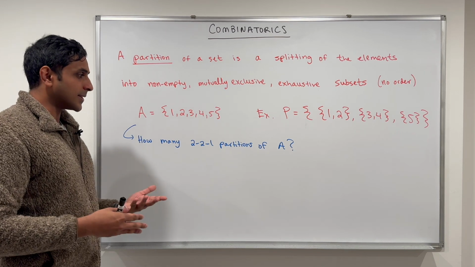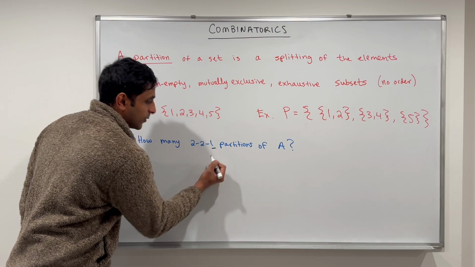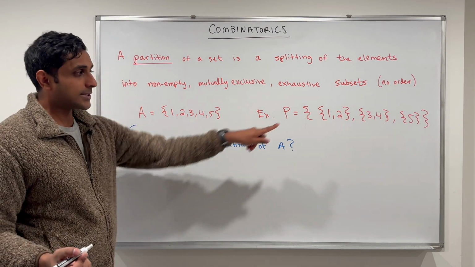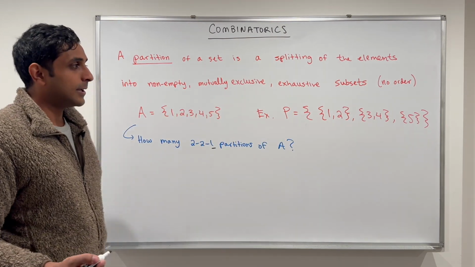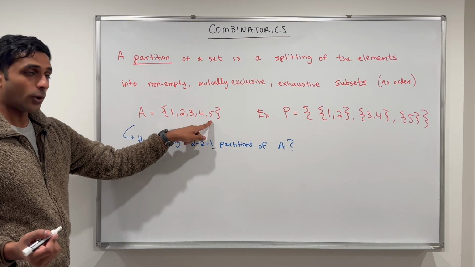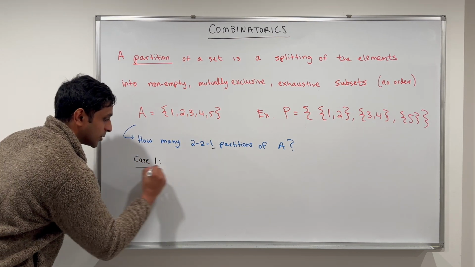Well, there's lots of ways that we can do that, but I think the most natural way is to think about which element is going to be in a group on its own. So in this case, it's the number 5, but it can be any of 5 numbers, right? It could be the number 1, 2, 3, 4, or 5. So in fact, those make for good cases or good groups.